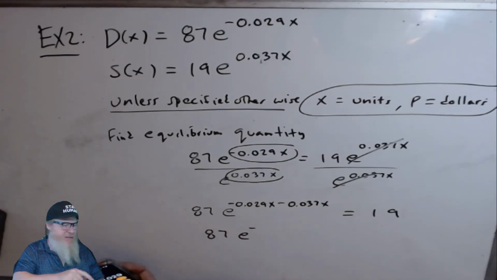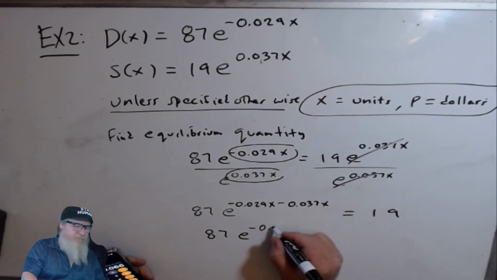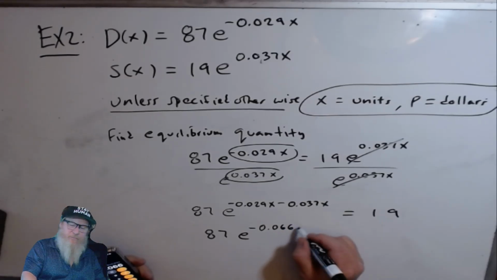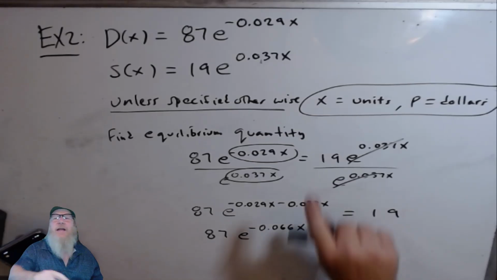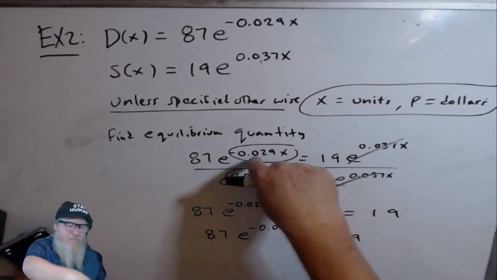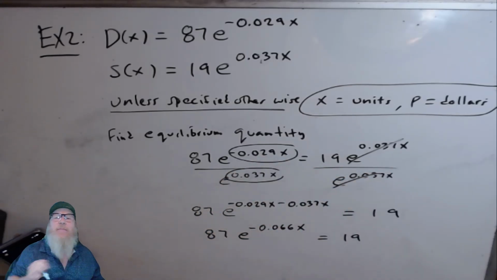I'm going to add these two negatives. Had I chosen it the other way, it might have come out nicer. So had I chosen to move the negative 0.029 to the right-hand side, this might have come out to be positive.